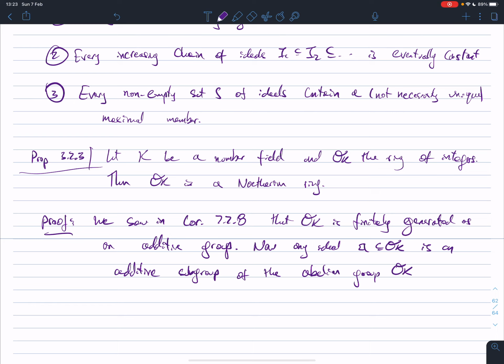We know that O_K is a ring, additively it's an abelian group, and it is finitely generated as an additive group. So if you have an ideal contained in a finitely generated abelian group, then your ideal has to be finitely generated. Therefore, A is also finitely generated. So O_K is Noetherian.